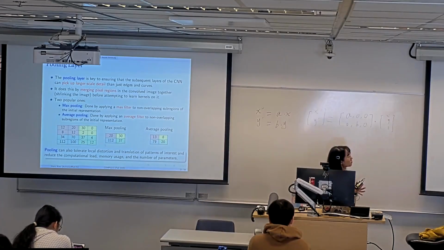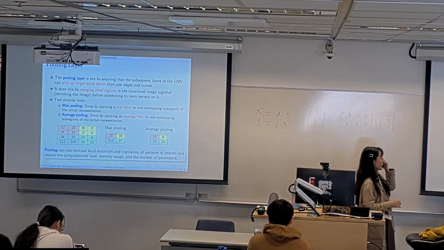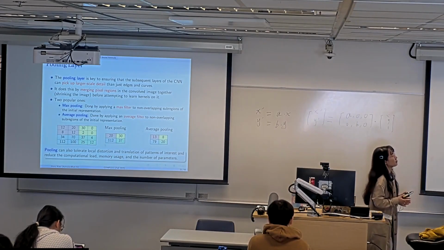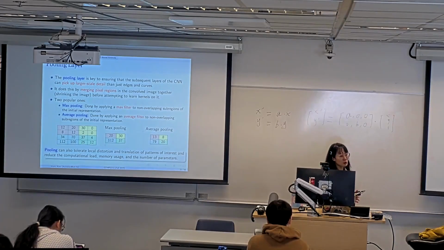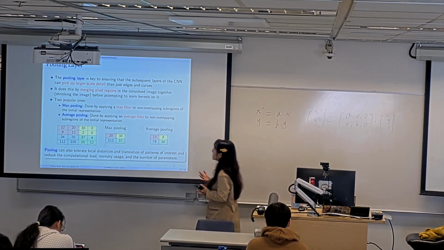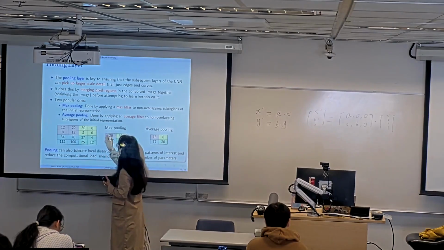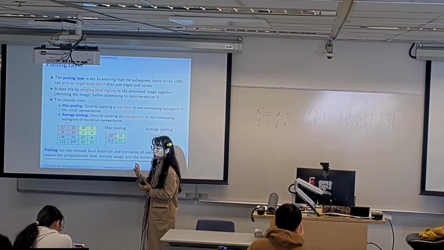And there are two popular pooling layers. Both of them are very simple operations. The first is max pooling. Max pooling is done by applying a max filter to non-overlapping subregions of the initial representation. Like if we have an 8x8 image like this, and we set the pooling size as 2x2, then it will separate the input image into non-overlapping 2x2 subregions.